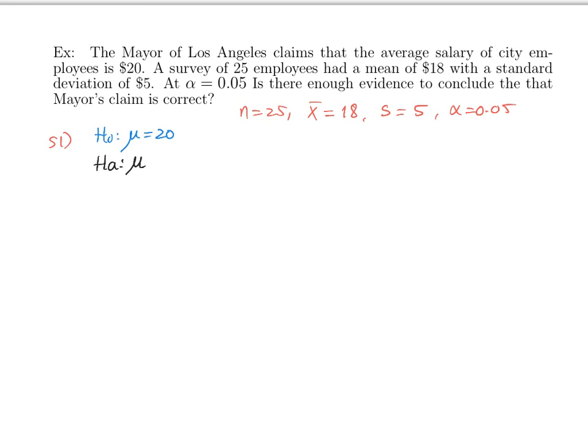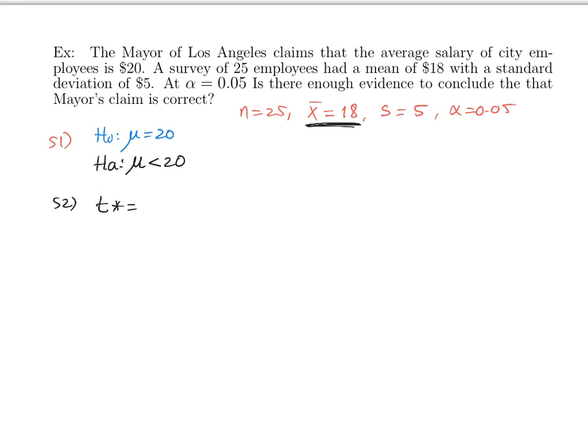All right, so what do you think it should be the alternative? Greater or less? Less than 20, right? Because the average from the sample was 18, which is less than what the mayor is claiming. All right, so for step 2, we need to find t star, which again, remember, is that anything that has a star, it will be the test statistic.